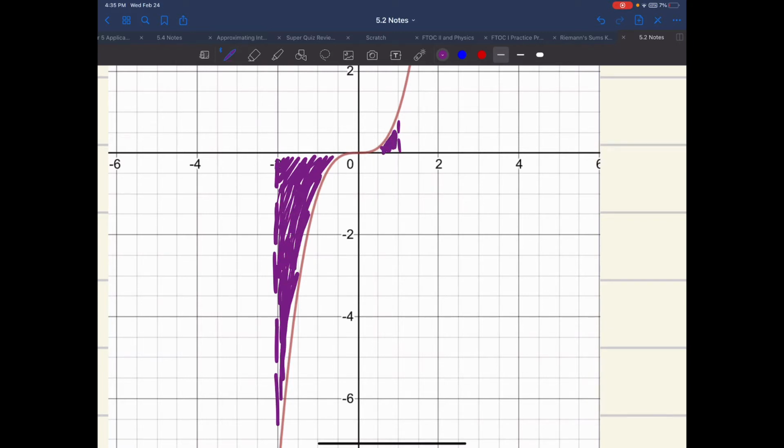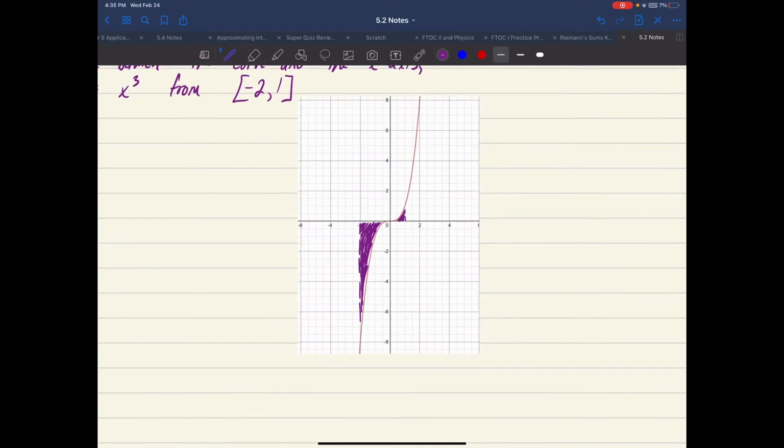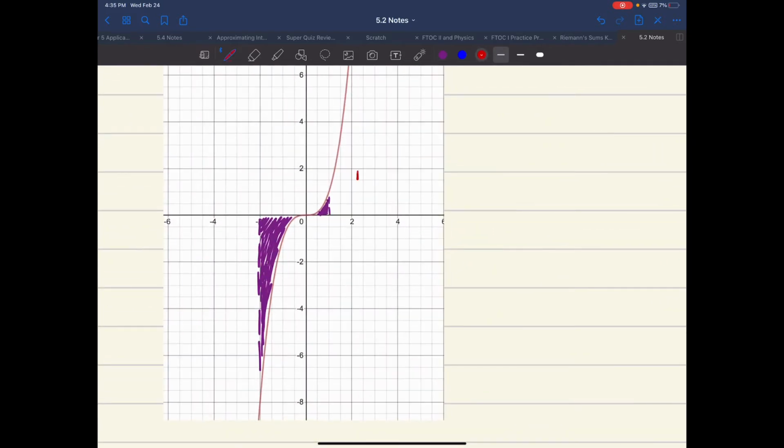We're going to have a positive area. This is positive area, and this is when you're above the x-axis. And this would represent negative area below the x-axis.